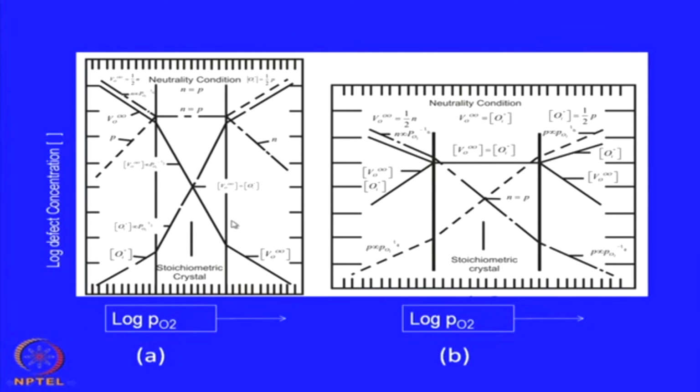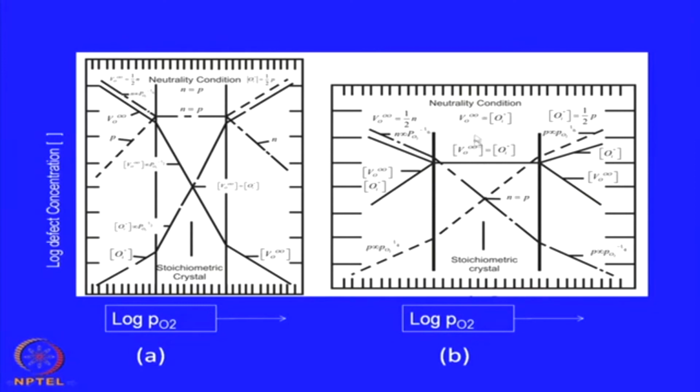Whatever oxide you take, you will get this kind of variation, and at very low PO2 it will be an electronic conductor, at very high PO2 it is a p type conductor, hole conductor, and there will be an intermediate region where it will be either an intrinsic conductivity, that means N equal to P, in semiconductor terminology we call it an intrinsic conductivity, or a completely ionic conductor. So, this is a very generalized situation. The whole range is not applicable to all the oxides.